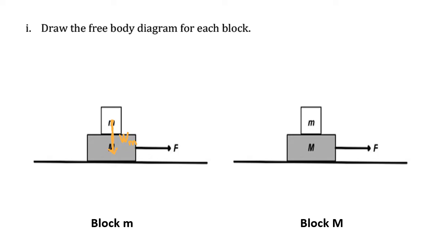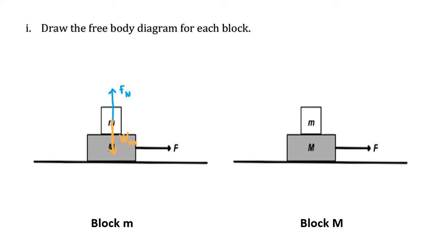And there is an upward force exerted by the bigger block on the smaller block, and we could call that normal force, Fn. So the fact that the smaller block is in contact with the surface of the bigger block, then we will have normal force.